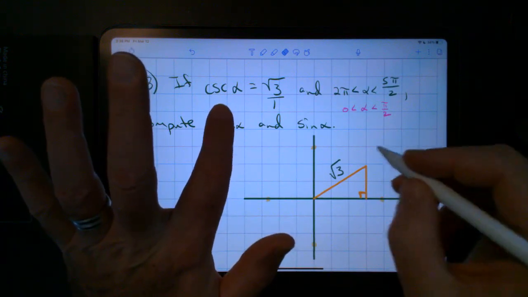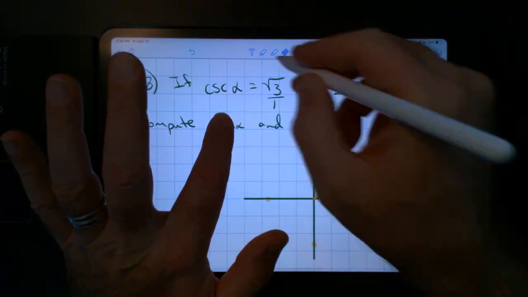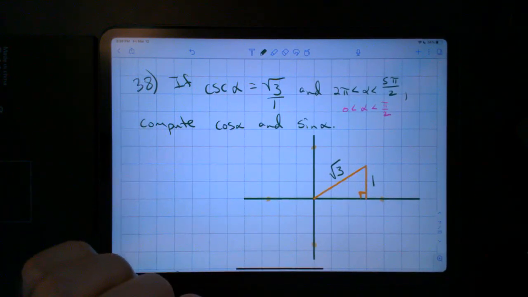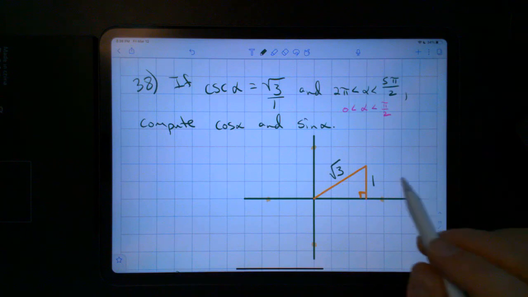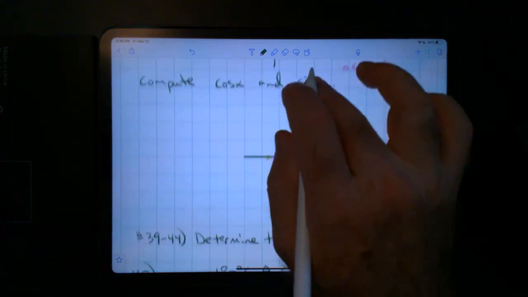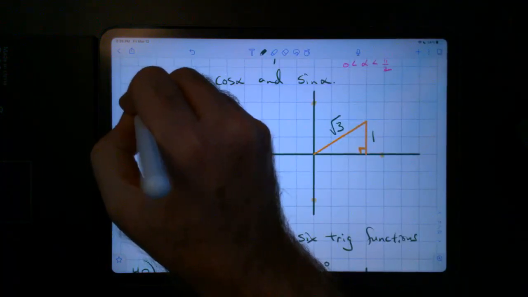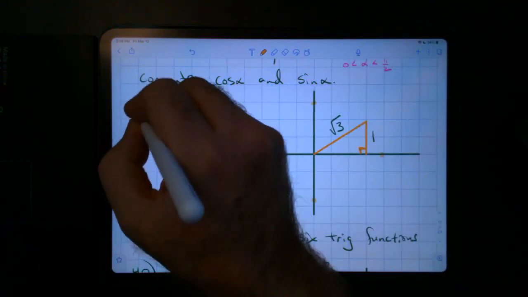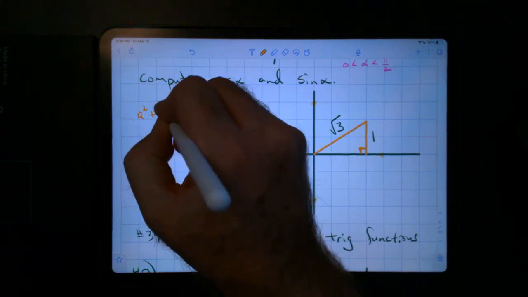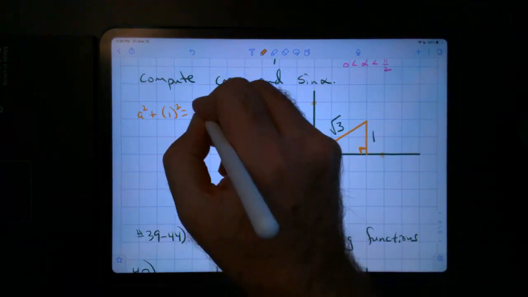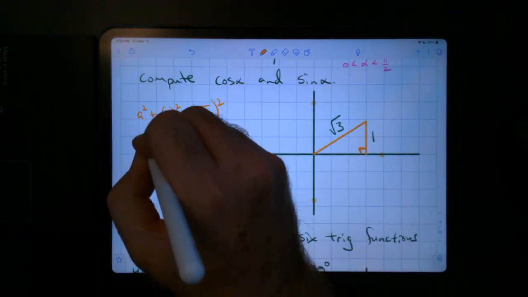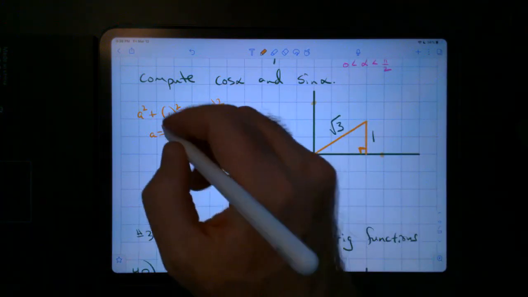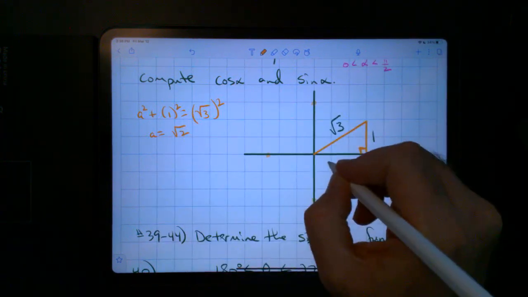Cosecant is your sine. So here we have a height of 1. So to find the missing length, we can use the Pythagorean theorem. So this would be 3 minus 1, which is 2. So this would be radical 2.